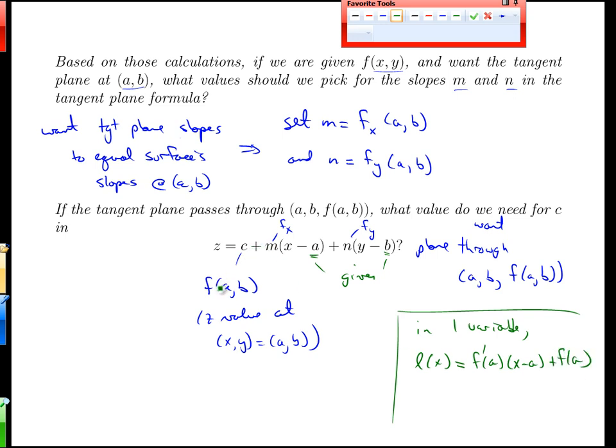All we've done here is replace all the f's with f of a b's. We have another slope, and then we've added a term for the y direction, including a slope in the y direction. So that's how we extend our one variable function approach, where we find a linear approximation or a tangent line to a single variable function. Here's how we extend it to two variables.